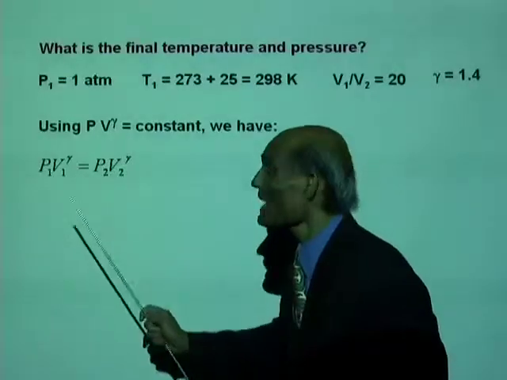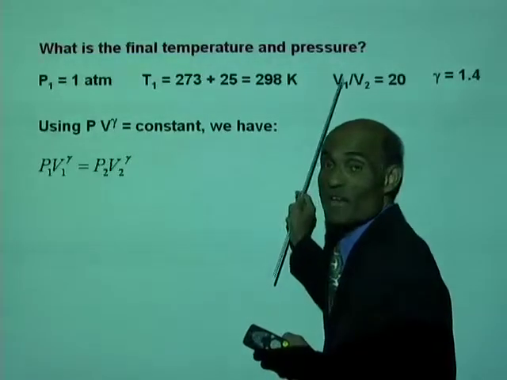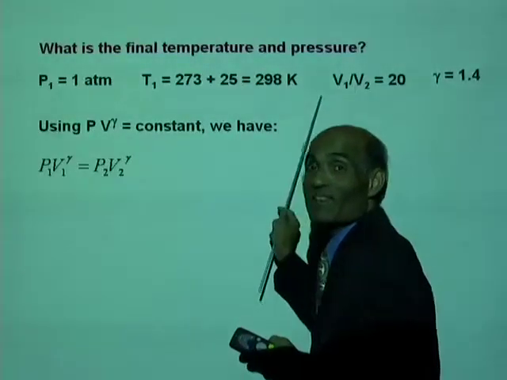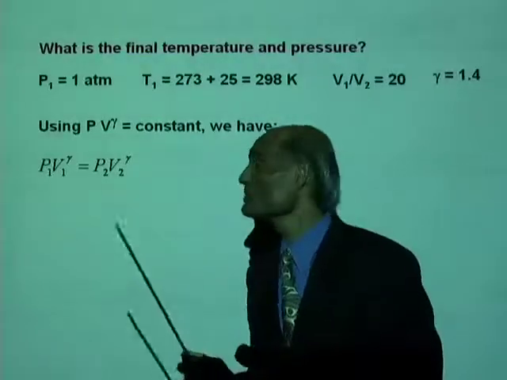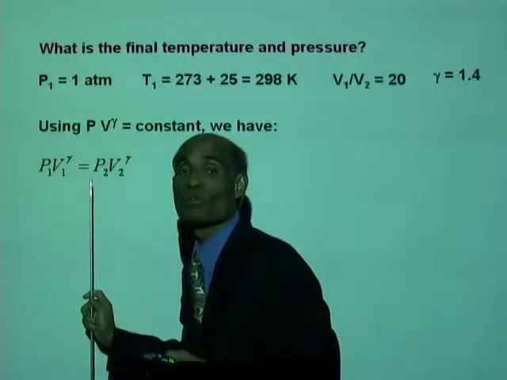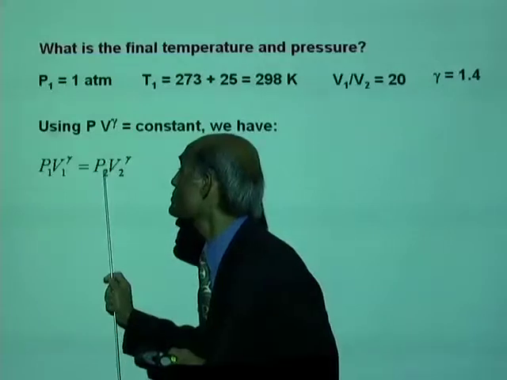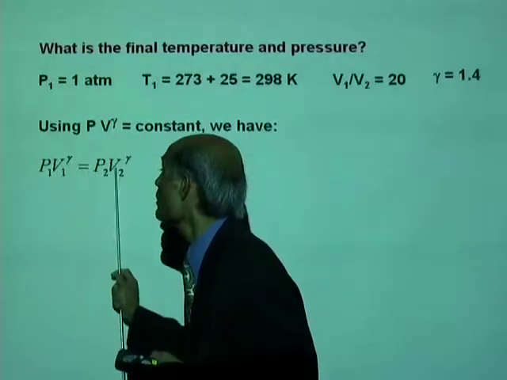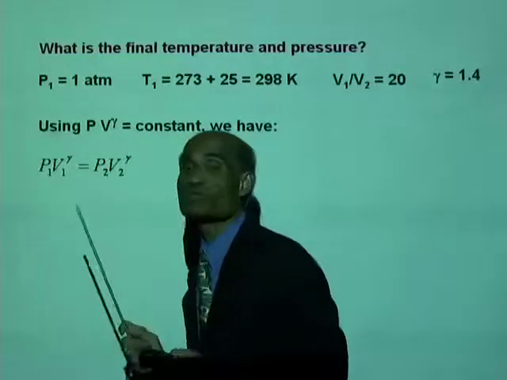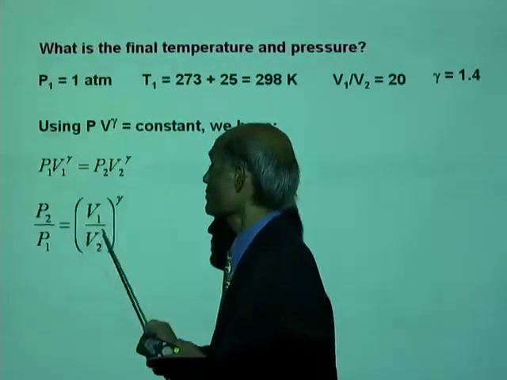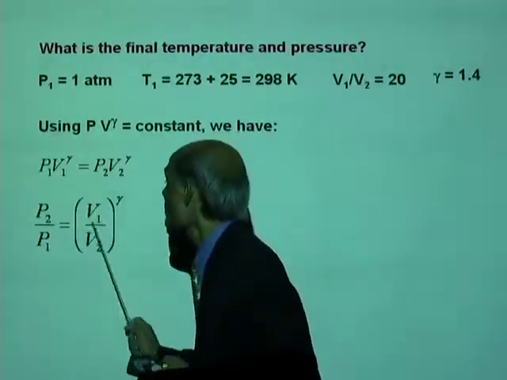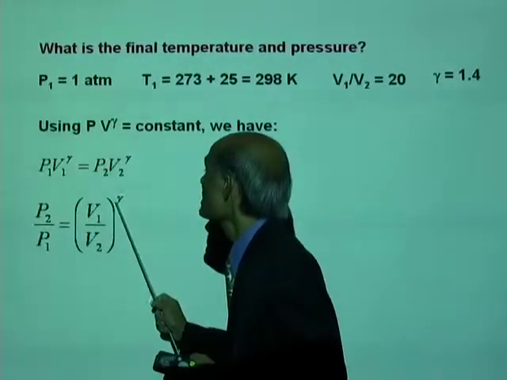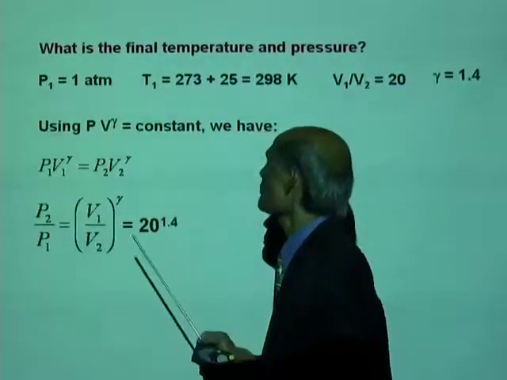and rewrite this equation so that it contains V1 over V2. What would that be? P2 over P1 equals V1 over V2 all to the power of gamma. There you are. And now V1 over V2 is 20, gamma is 1.4.